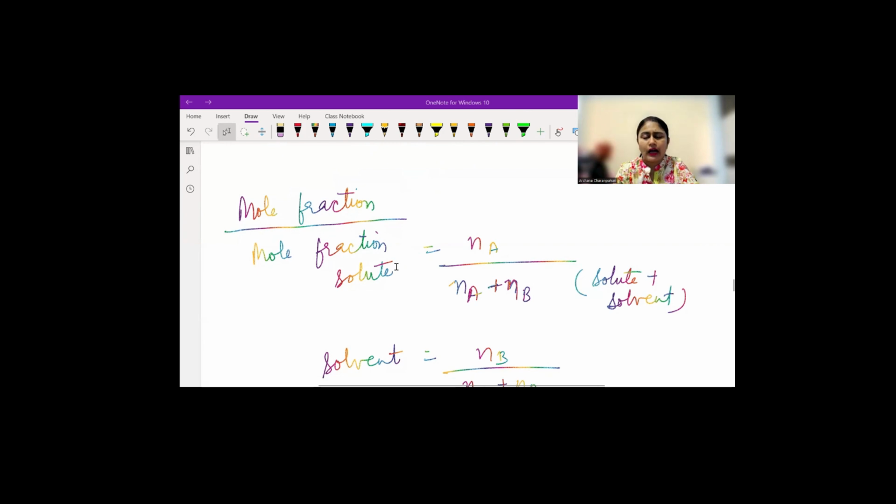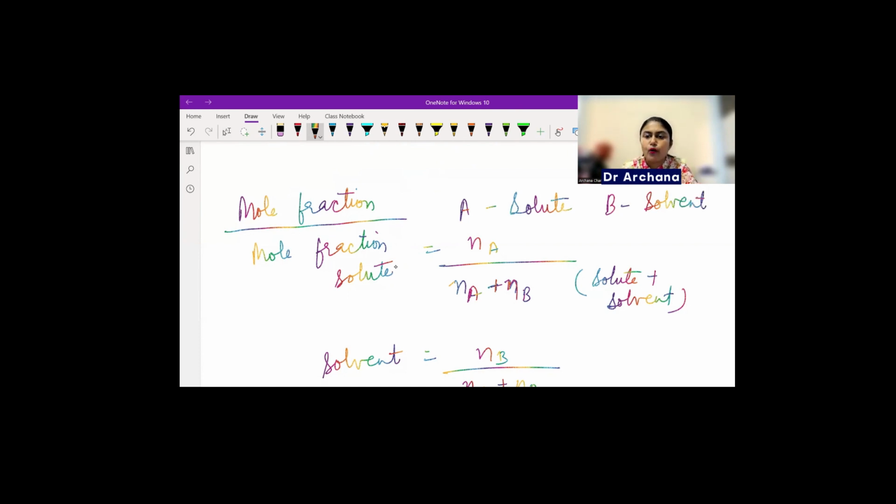When you have any particular solution, you have two components. One is solute and another is solvent. So over here, let me consider A as your solute and B as your solvent.